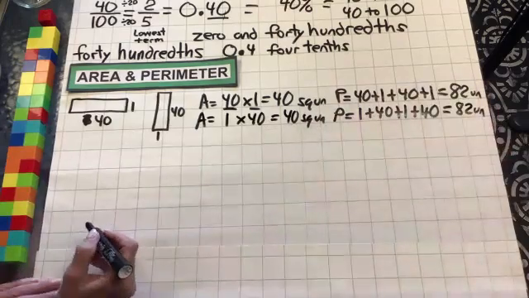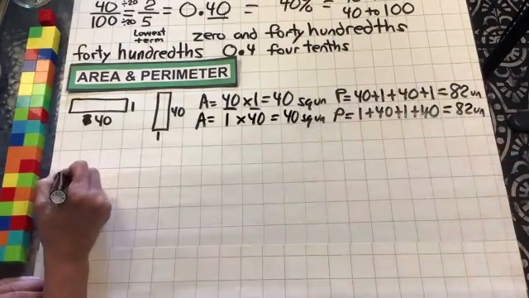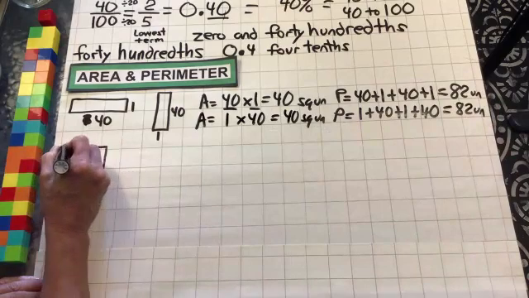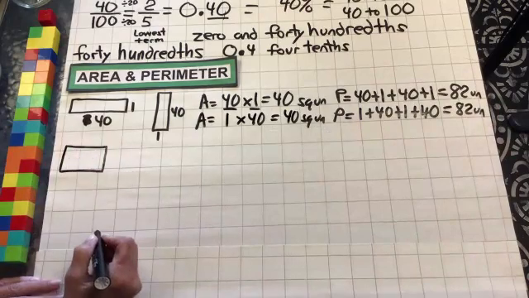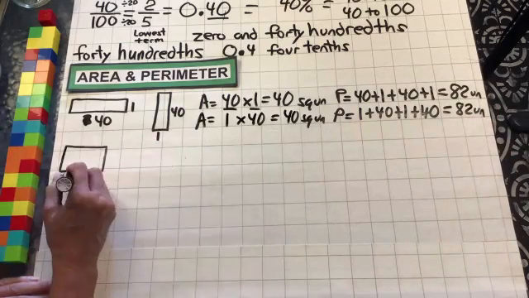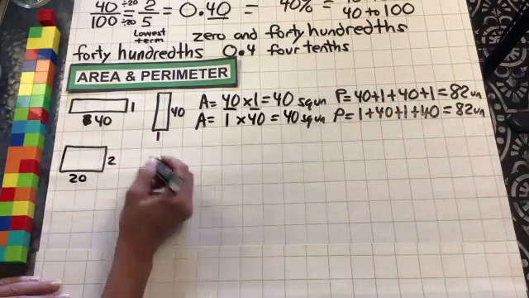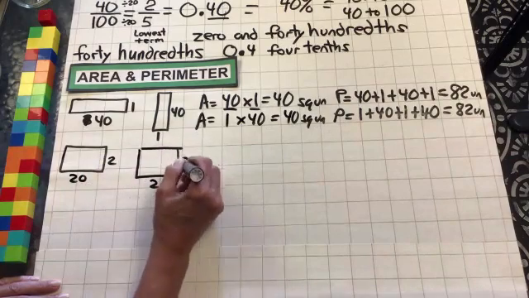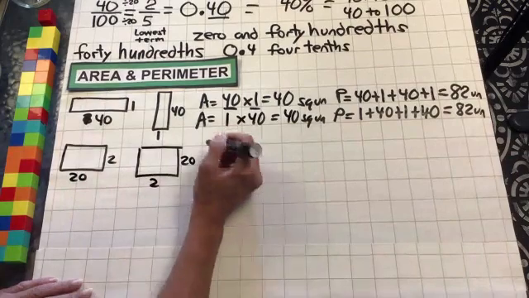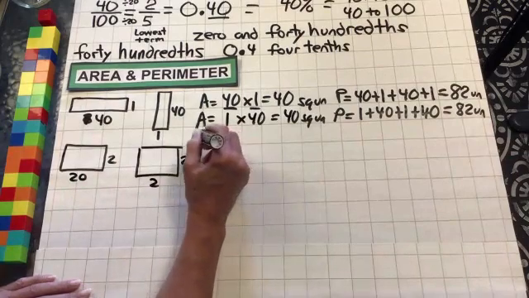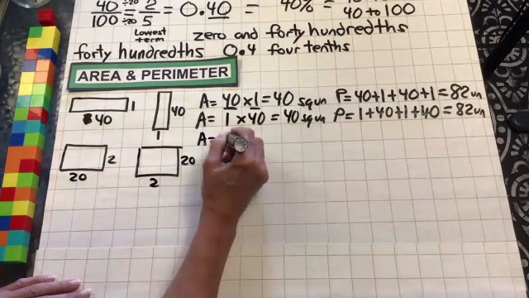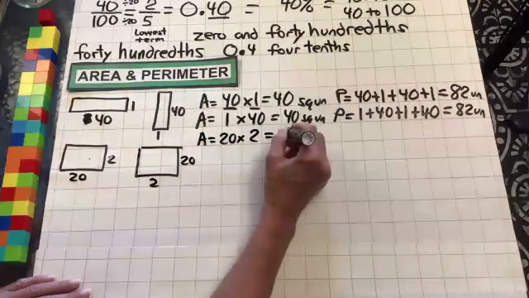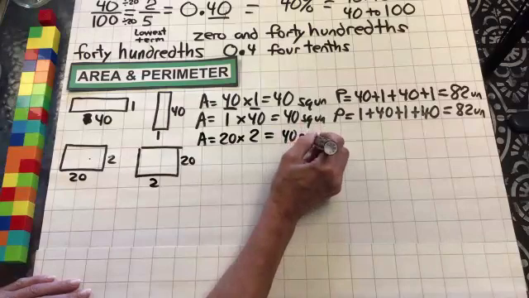All right, let's move on to the next one, which would be a 20 by 2. We're just drawing a rectangle, it doesn't have to be anything. 20 by 2 is our next category, and we can also draw it as 2 by 20. Just draw a square or rectangle. So our area would equal 20 times 2 for this first one, which equals 40 square units.